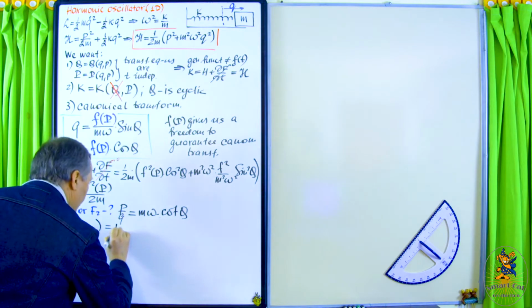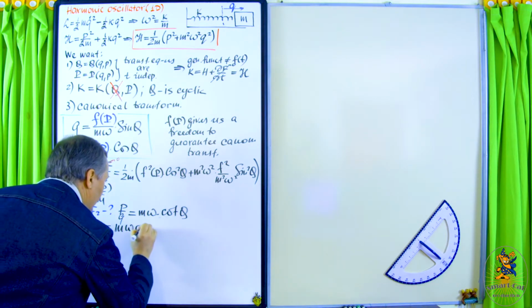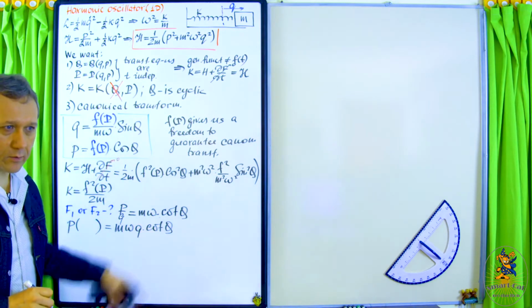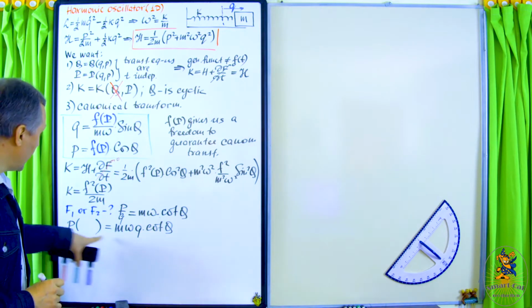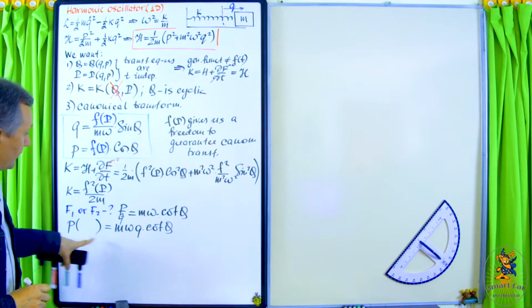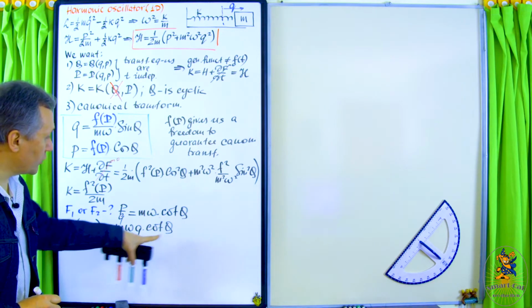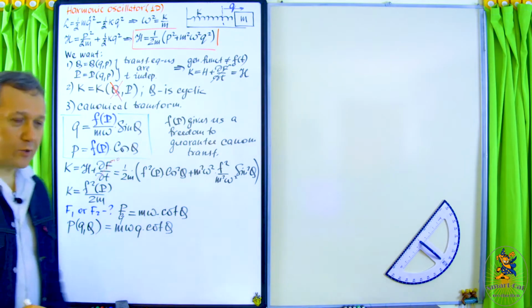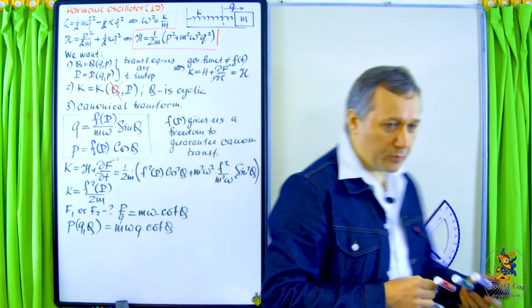It will be equal to m omega q and cotangent of q. It's not cosine, it's a cotangent, of course. I left this bracket open because I want to emphasize it's a function of q small, q capital. So we get p as a function of q small, q capital.